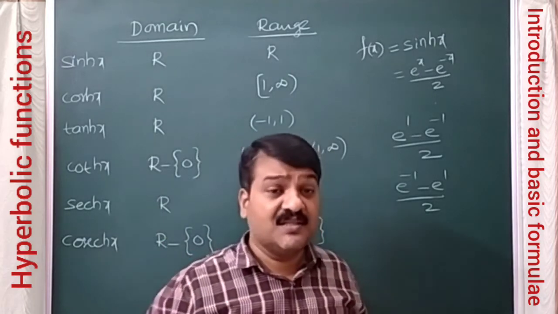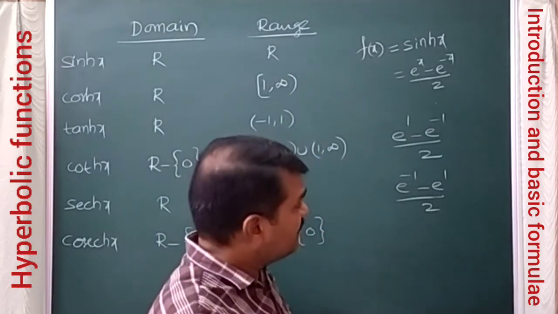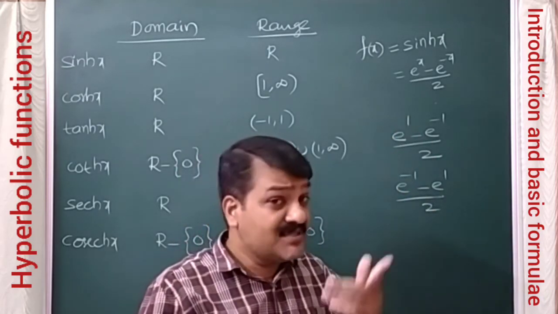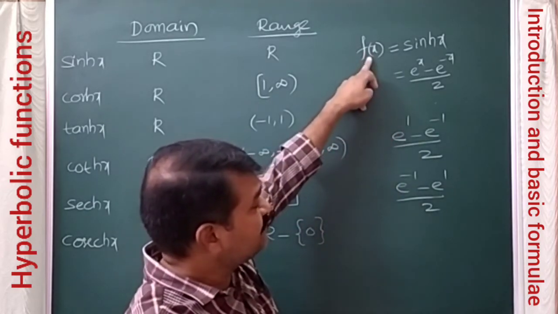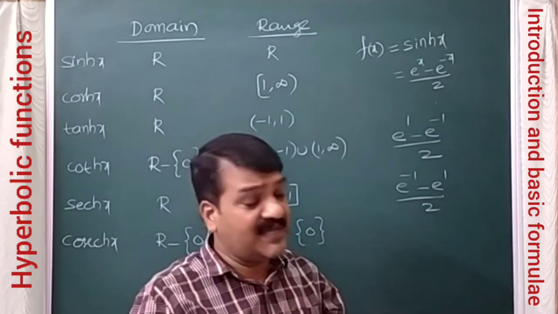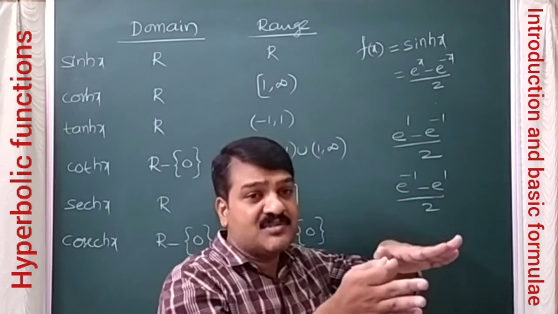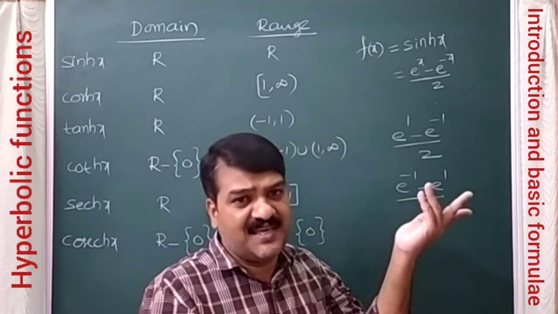That means the output values which f of x gives can be a positive number, can be a negative number, and can be 0 also. Because when x is taken as 0, f of x output is 0 only. Like that, we can see that f of x output values have positive values, negative values, 0, everything is there.